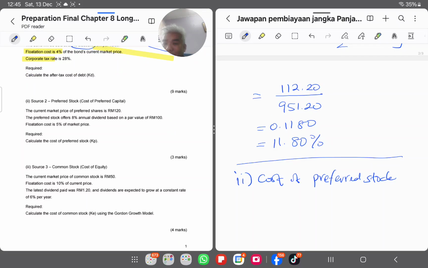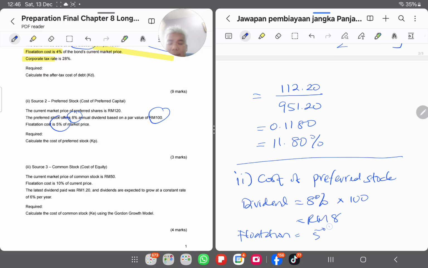The dividend is 8% times 100 ringgit, which is 8 ringgit, and then the flotation is 5%.